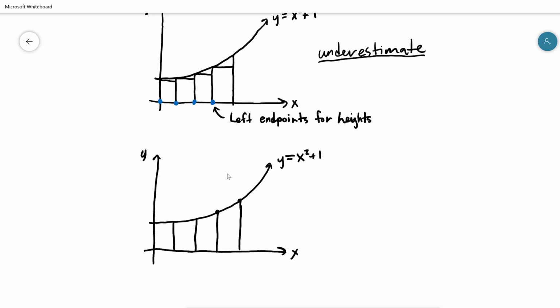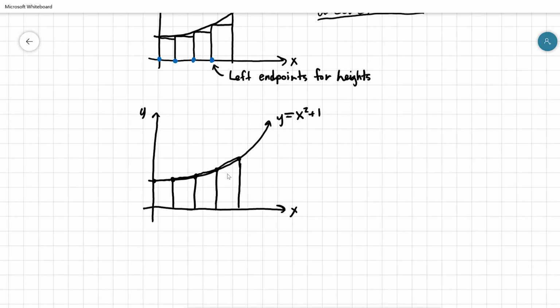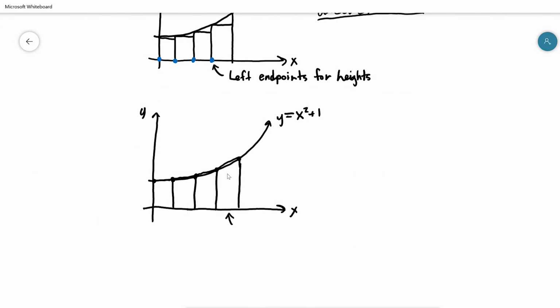So from this point to this point, a straight line. From this point to this point, a straight line. From this point to this point, a straight line. From this point to this point, a straight line. So this one, we're using trapezoids. And we get even better results. So we get a closer approximation.